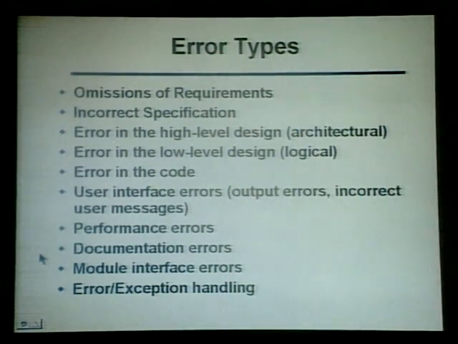Now you should remember here that by software we mean the program as well as the documentation which is prepared for that software. Then there might be errors in the module interface, and your program or software might not be properly handling exceptions. Of course, there might be many other types of errors which you can come across while you are designing, implementing and testing the system.